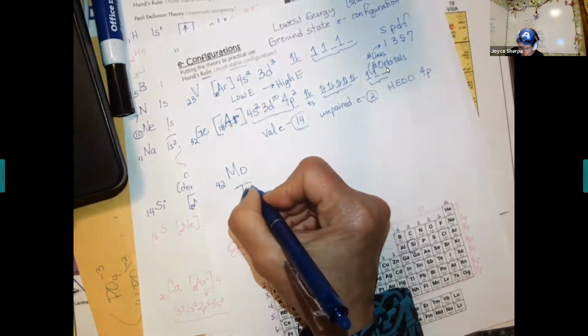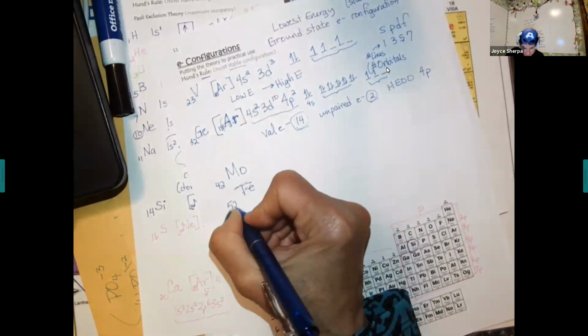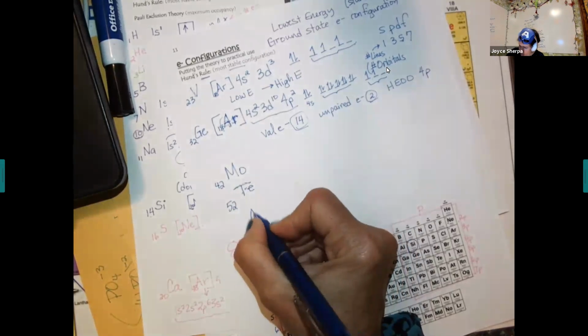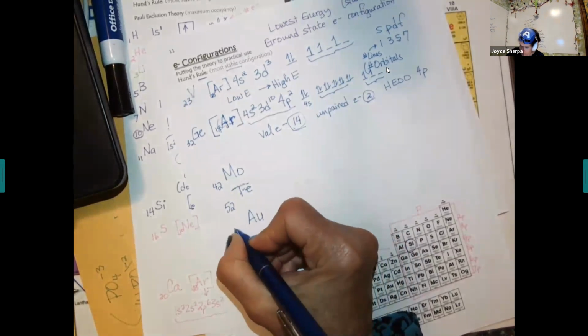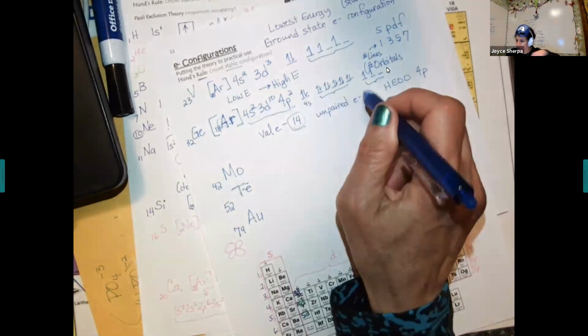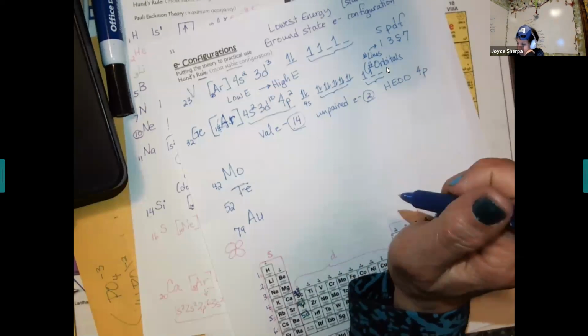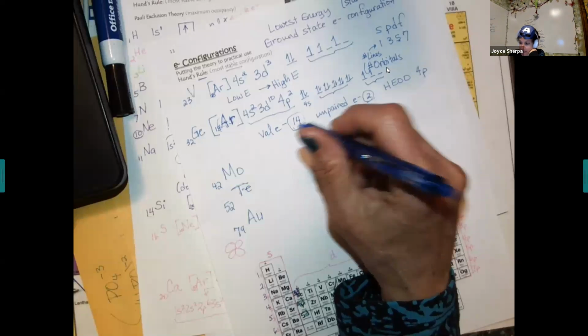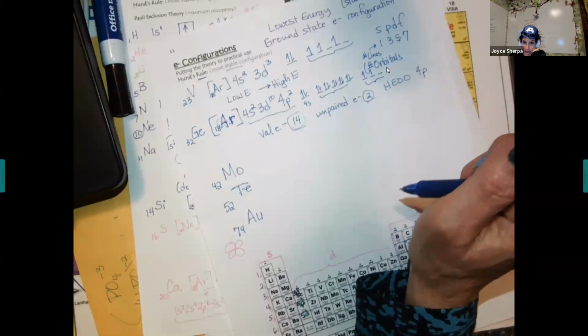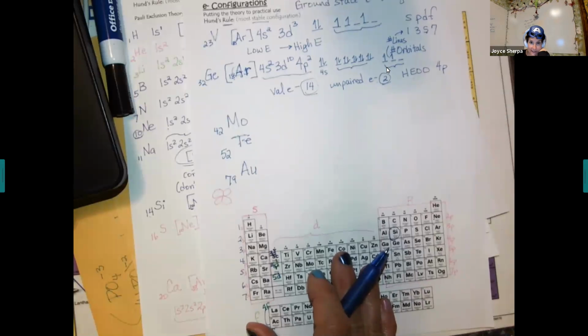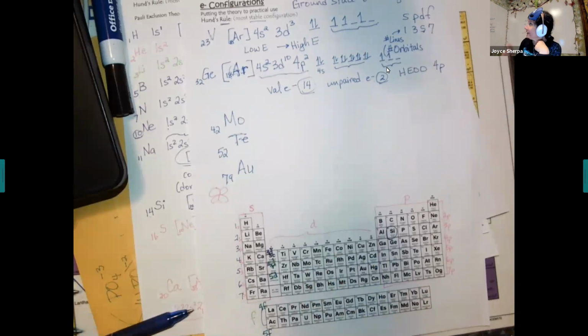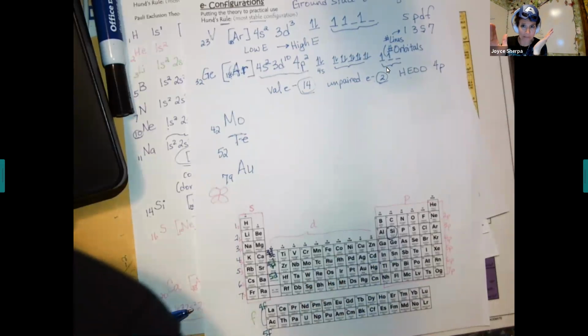All right, we'll just do tellurium 52. And then I promised we would do gold, number 79. So you're doing both box and arrows, the NLX and box and arrows. Do the shortcut. And then you're going to tell me valence, unpaired, and HEO. So I'm going to pause us and give you a couple minutes to try it, or you take a break.